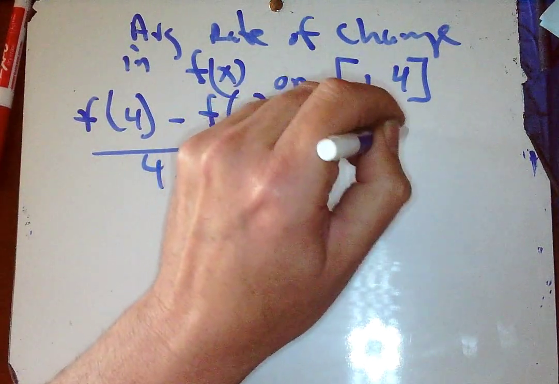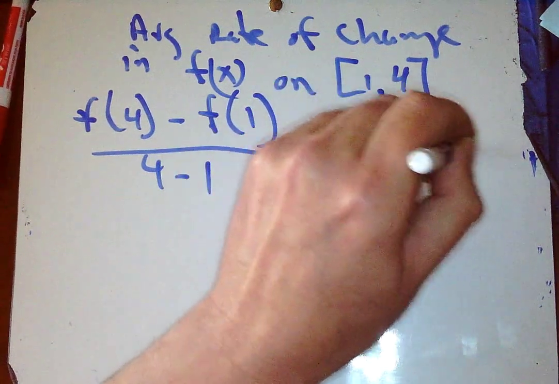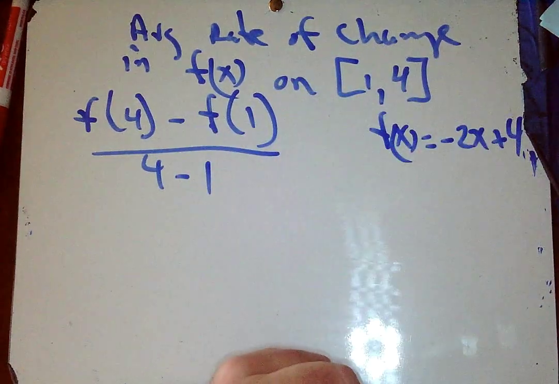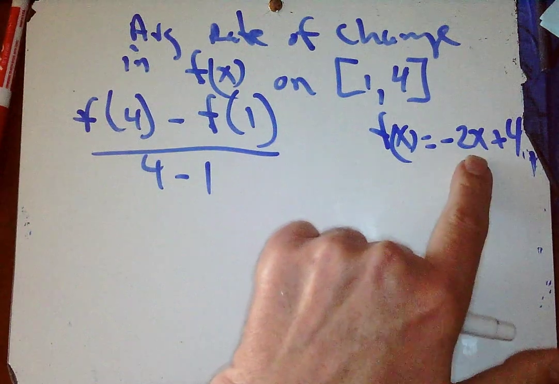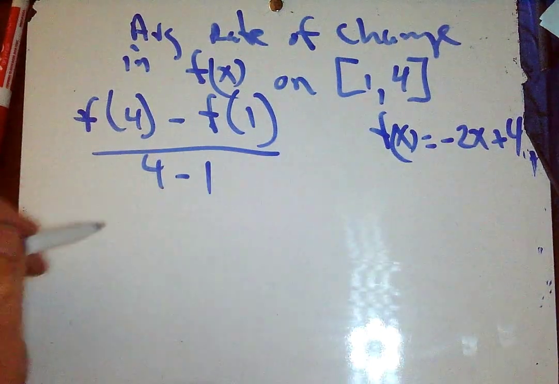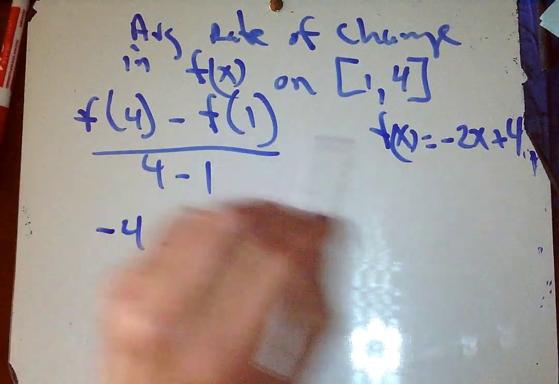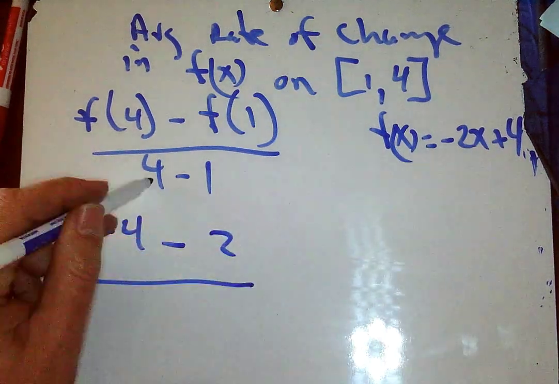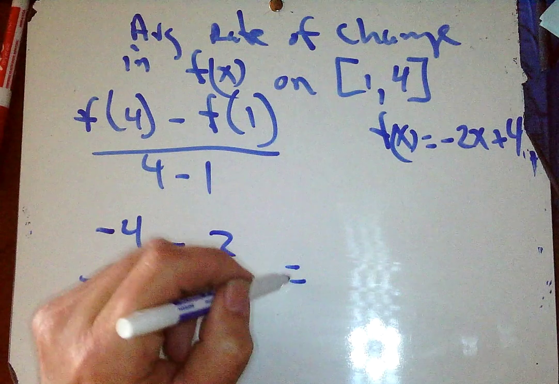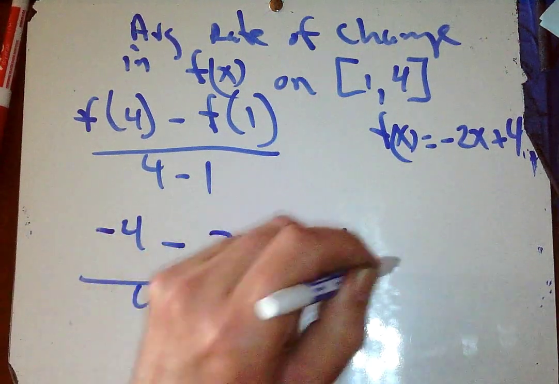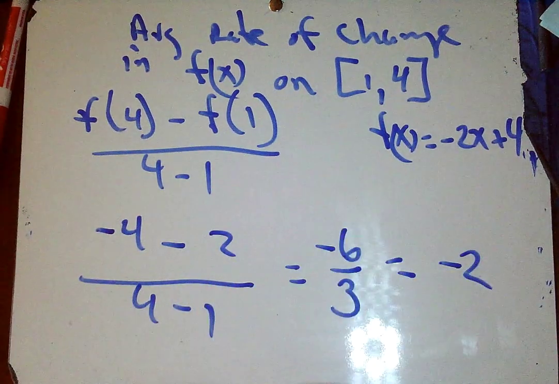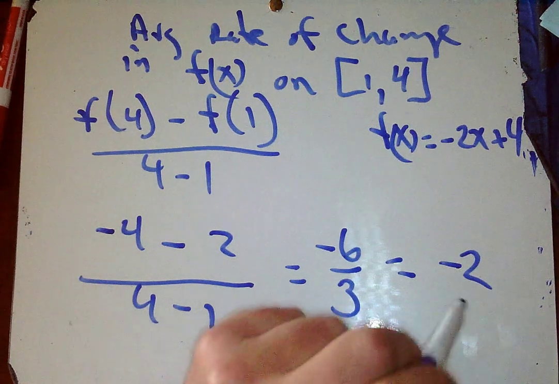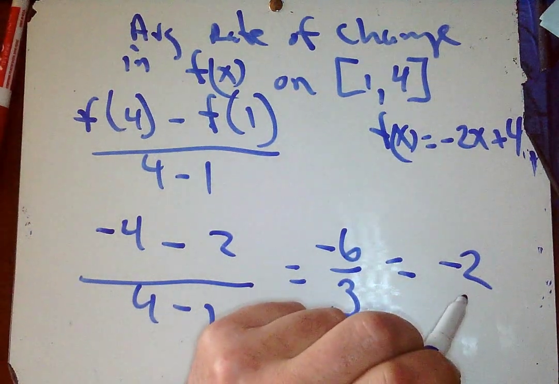And if we're using that same f of x, that negative 2x plus 4, okay, so f of 4 is going to be negative 4 minus f of 1 is going to be positive 2 over 4 minus 1. So negative 6 over 3 or negative 2. Now that's the average rate of change.